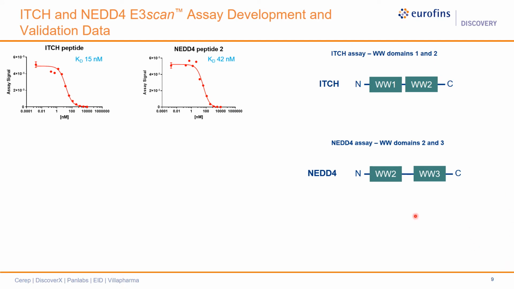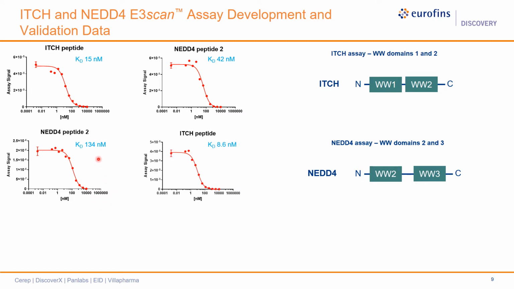Similar to ITCH, here is shown an E3scan assay for the human WW domains 2 and 3 of NEDD4. In this assay, we used a similar strategy with a bait ligand peptide to the one we used in the ITCH assay with a PPxY motif in it to establish an assay window of 200-fold and measure binding affinities to several PPxY motif peptides.